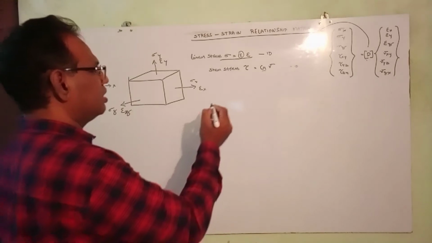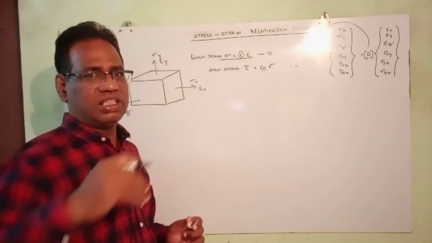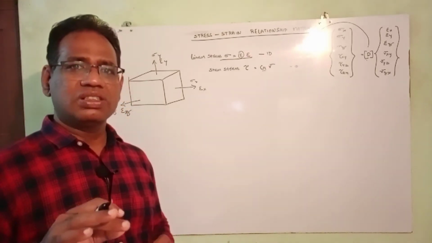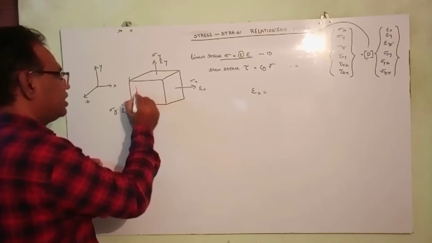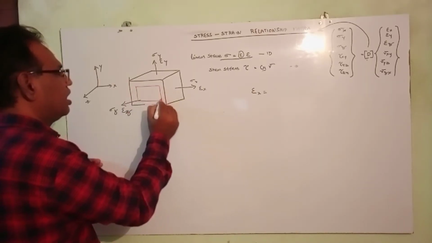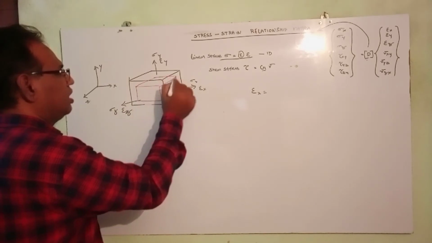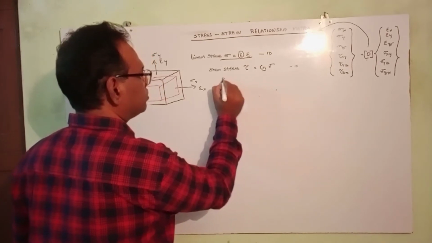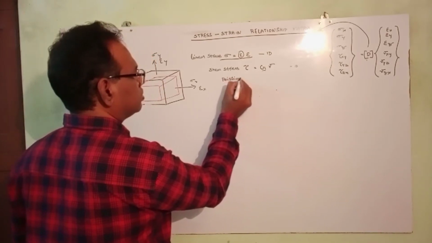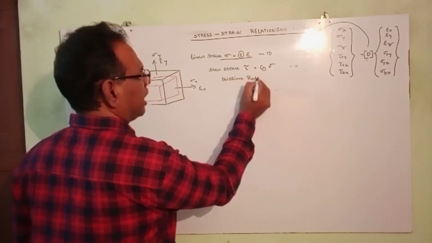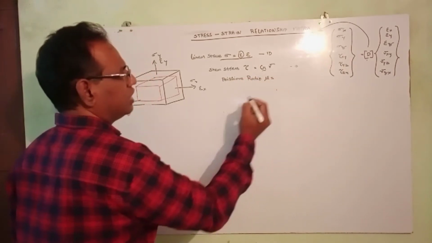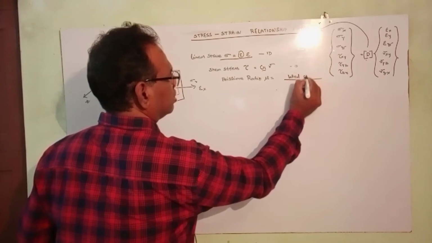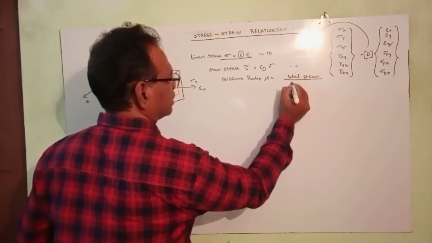Now, the strain in the x direction may also result from strain in the other directions. With strain in the x direction, there may be a reduction in the dimensions of the object in the y and z directions. We have a material property known as Poisson's ratio, which I am taking as mu. What is Poisson's ratio? It is the ratio of lateral strain to linear strain.